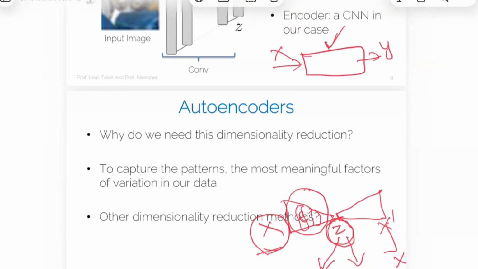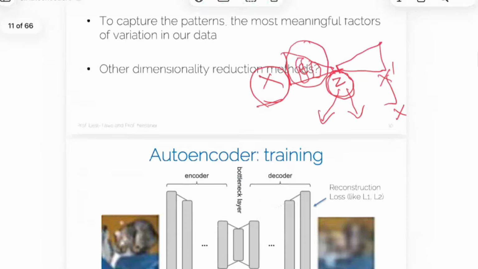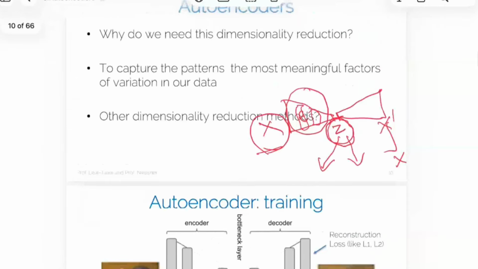So after training this, why not use the encoder for doing the classification? Even a classification model has something similar to an encoder-type structure. I start from the original image, reduce it, finally reaching a small size of features, and then give that to the classifier.